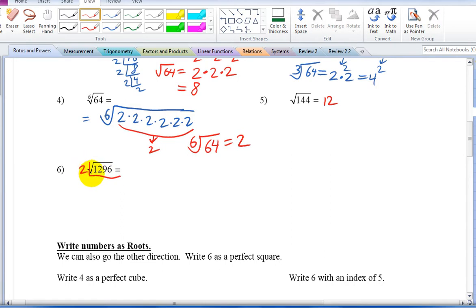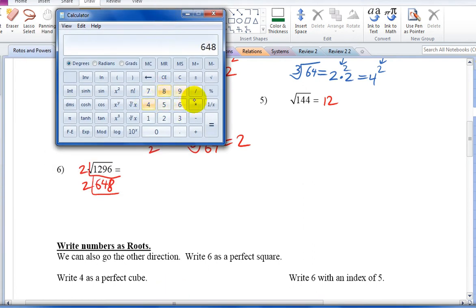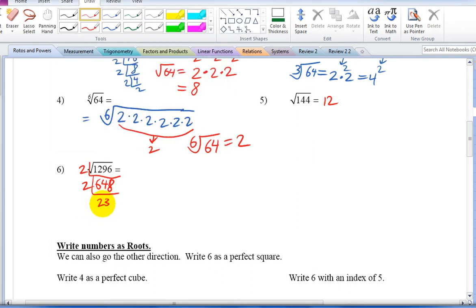So let's start doing our prime factorization. Divide by 2. We're going to get 6, 4, 8. Use your calculator, please. Divide by 2. Use your calculator just to help you. So this will be an example of a calculator question.